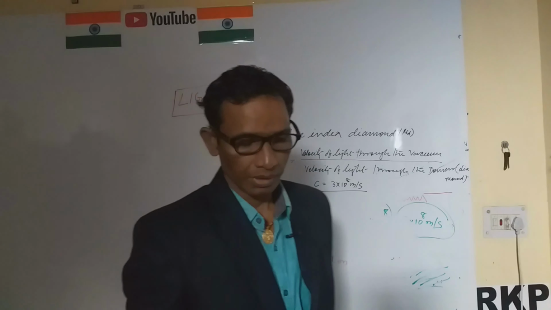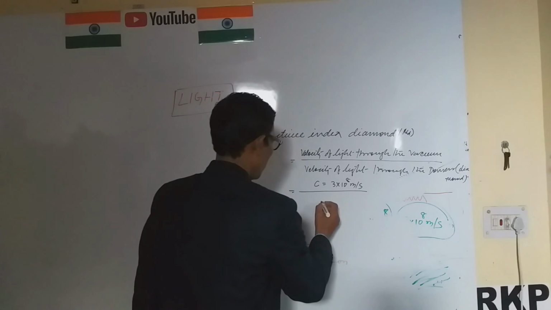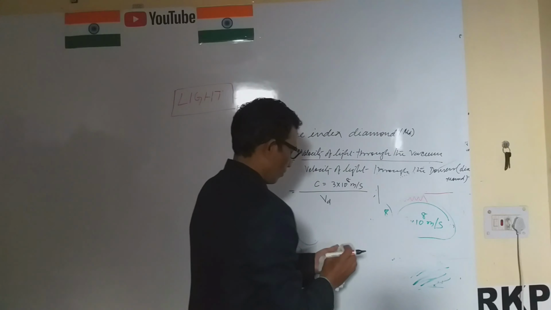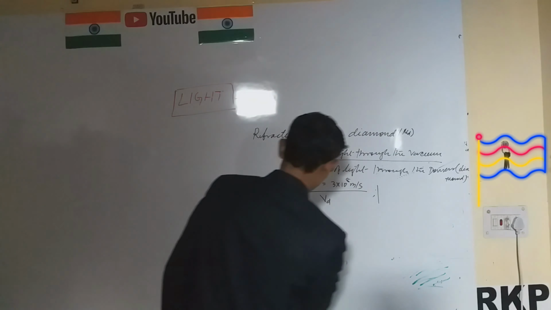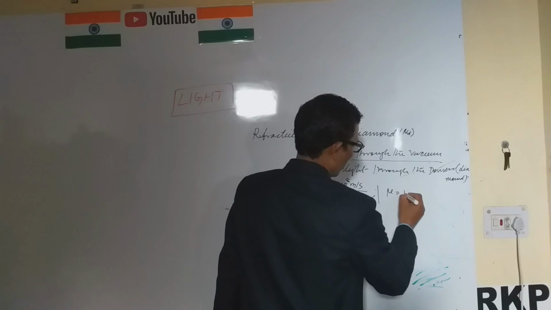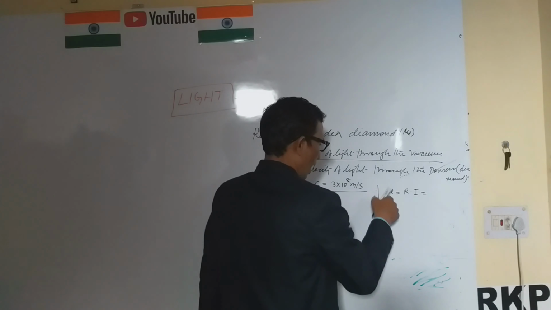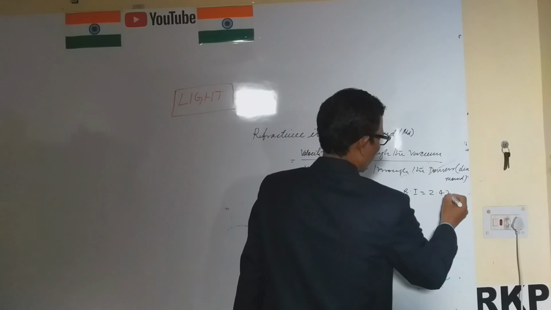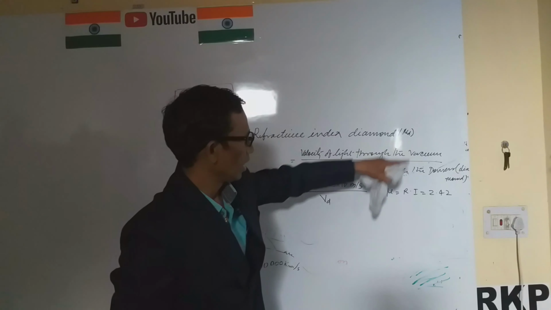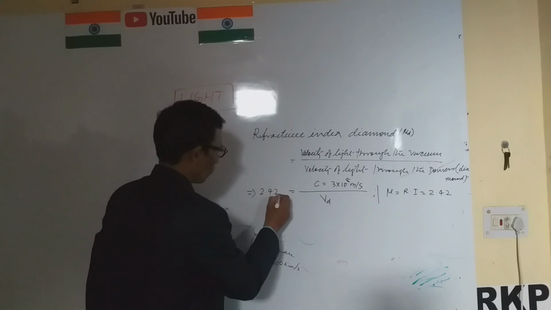So the refractive index of the diamond is 2.42, so we put the value 2.42 here.